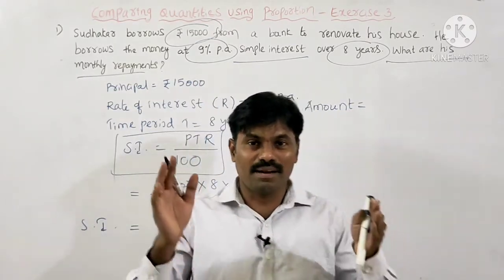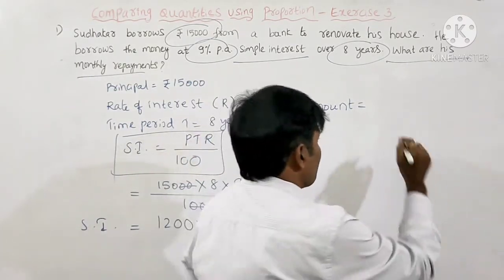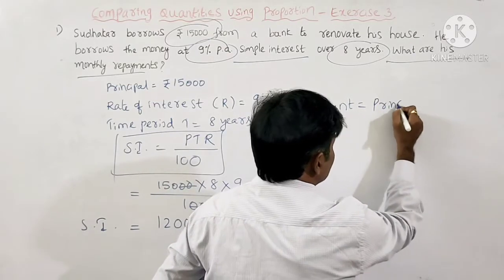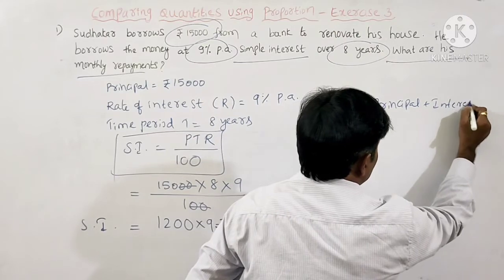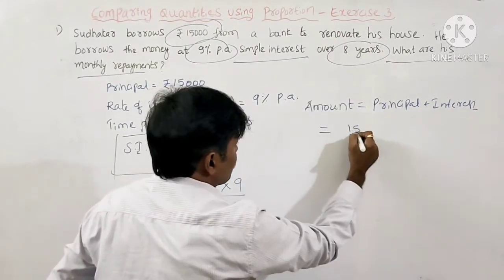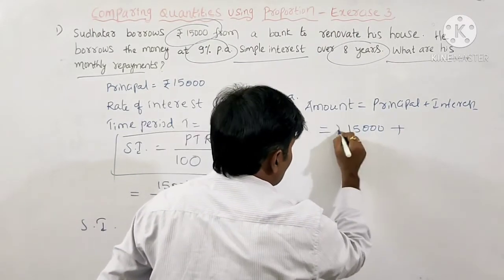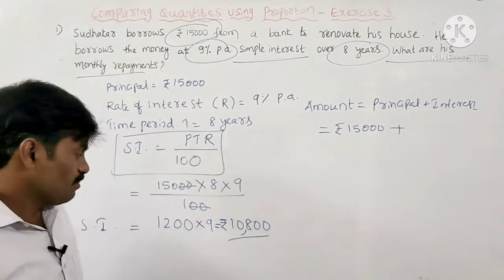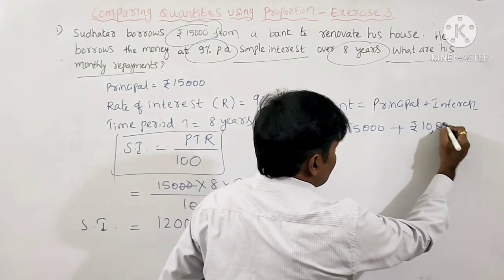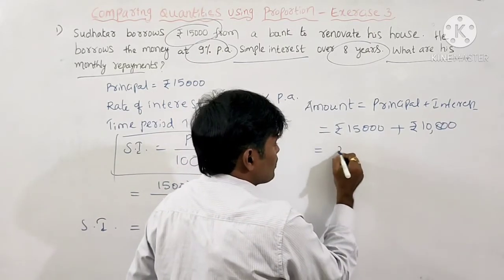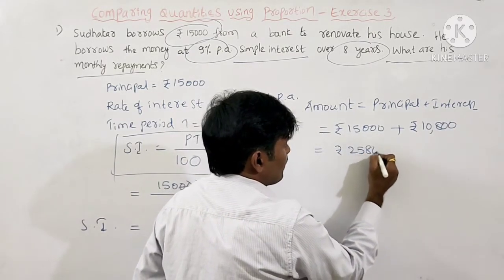Amount is equal to principal plus interest. Principal is 15,000 rupees, plus interest is 10,800. Total gives us 25,800.